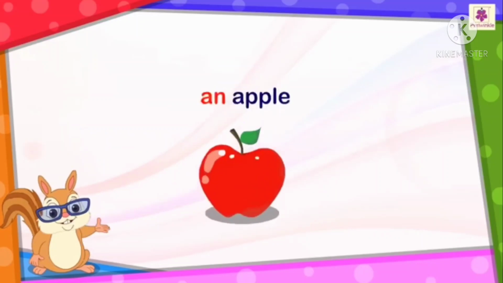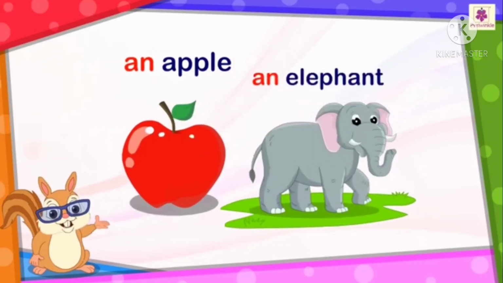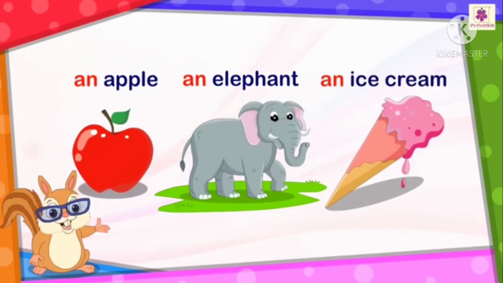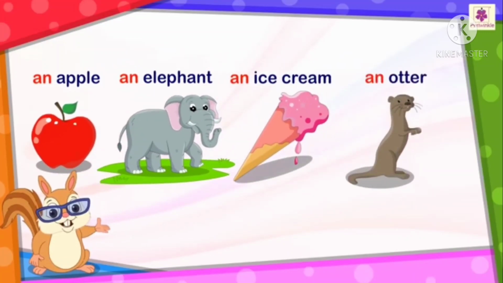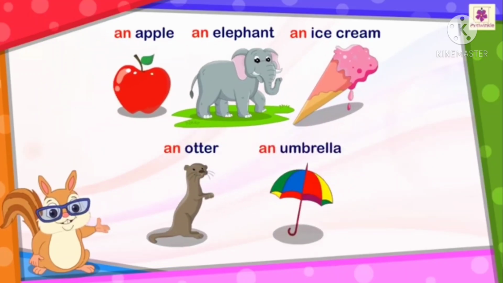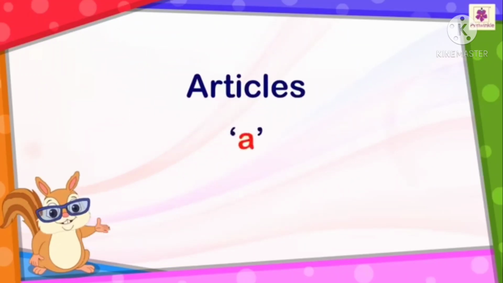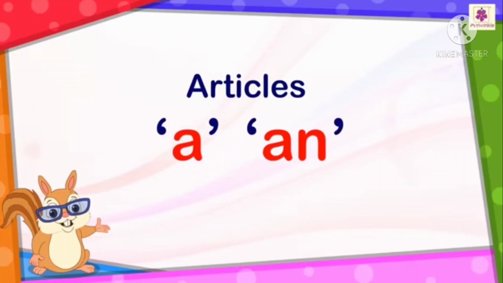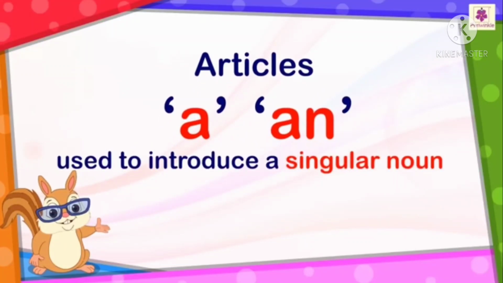For example, an apple, an elephant, an ice cream, an otter, an umbrella. Articles a and an are used to introduce a singular noun.